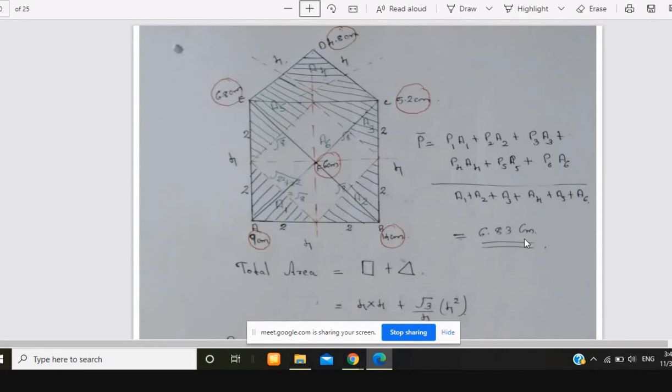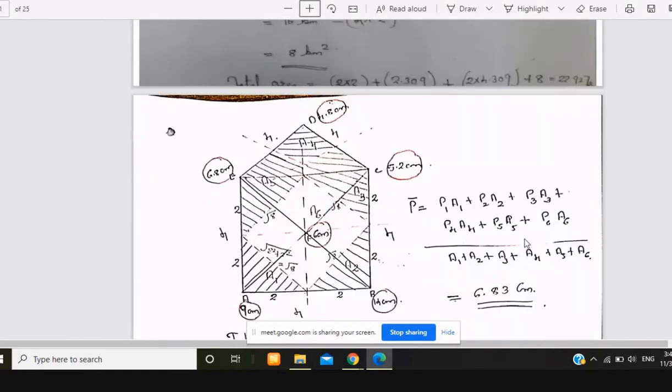Remember this: if you are taking a square, the weightage of area will be 1 by 4. For an equilateral triangle, it will be 1 by 3. Mostly in GATE, squares or equilateral triangles or combinations of those will be asked. Generally no big questions will be there, so it will be easy for you to calculate.